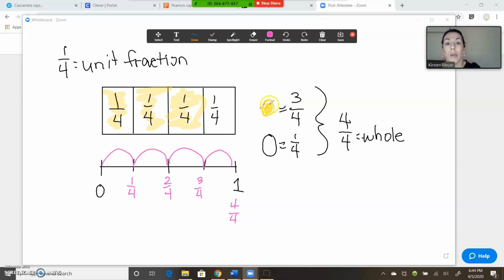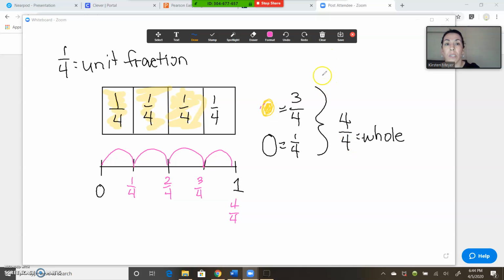If we were focused on the yellow parts, we had 1/4, 2/4, 3/4. Our numerator tells us how many parts we are focused on, and our denominator tells us how many parts it takes to make the whole. If we were talking about the white parts, we only have 1 out of the 4 parts, so that's 1/4. We can also represent the whole as a fraction, because we have 1/4, 2/4, 3/4, 4/4. So 4/4 makes a whole.